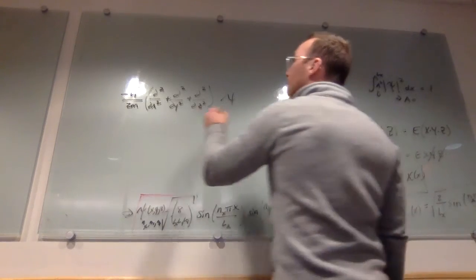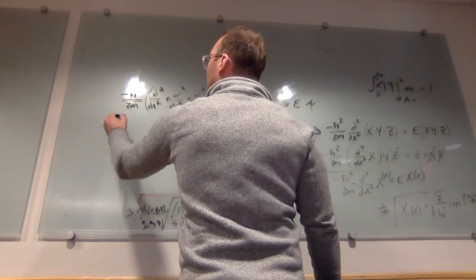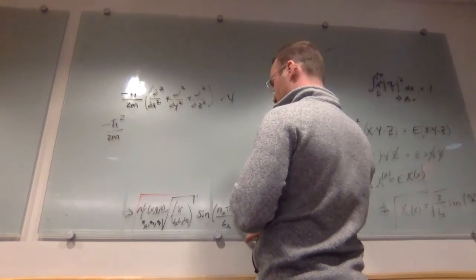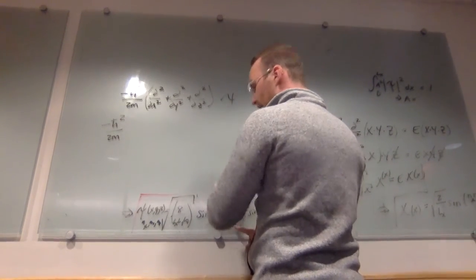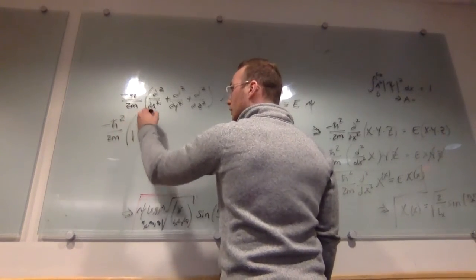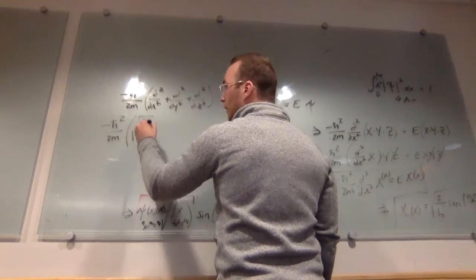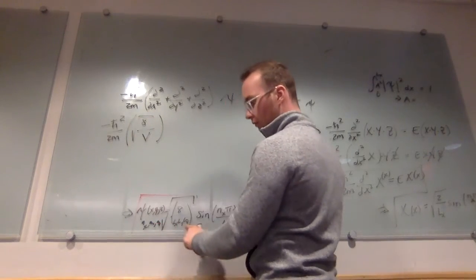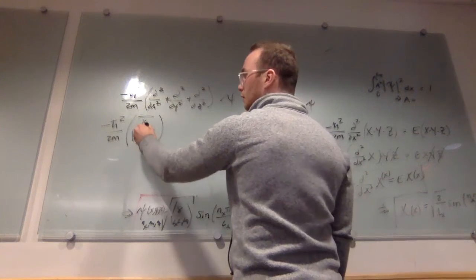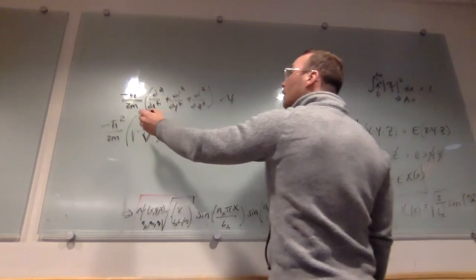So if we write d squared by dx squared, the second derivative, with 8 over V. I'm going to start writing V for the volume of the box so I don't have to keep writing it.